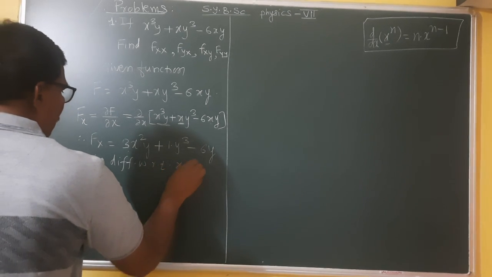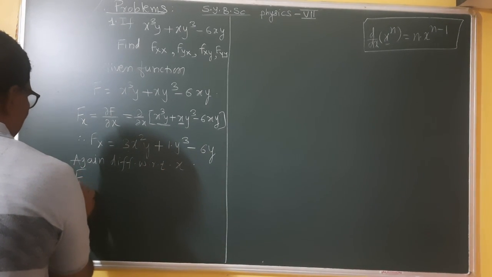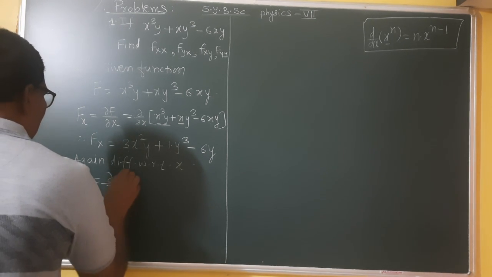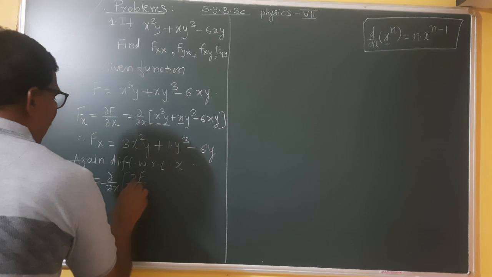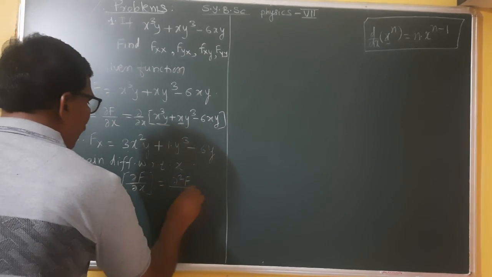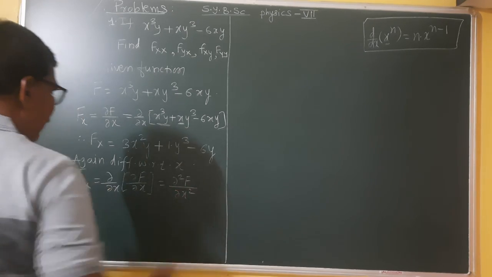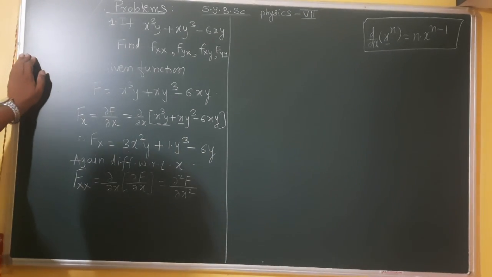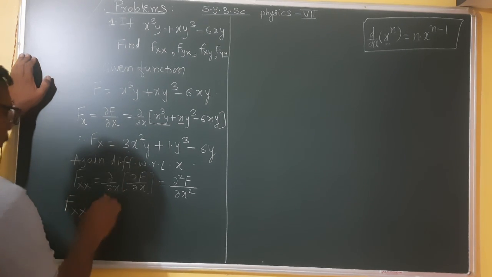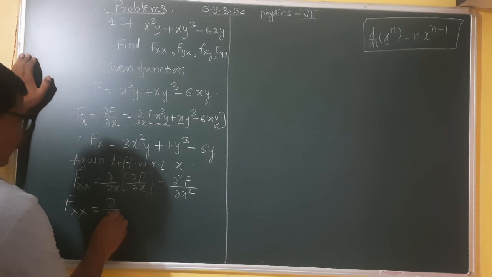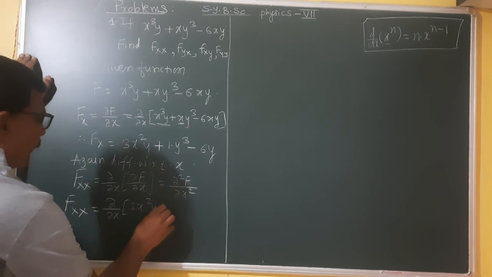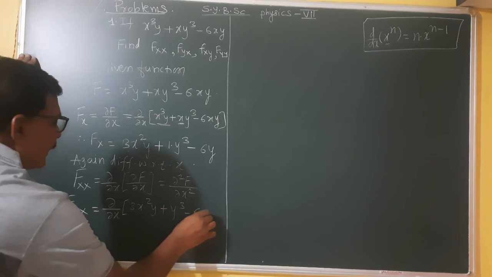Now f of xx is equal to dou by dou x of dou f by dou x, which is nothing but dou square f upon dou x square. Again, f of xx is equal to dou by dou x of 3x square y plus y cube minus 6y.